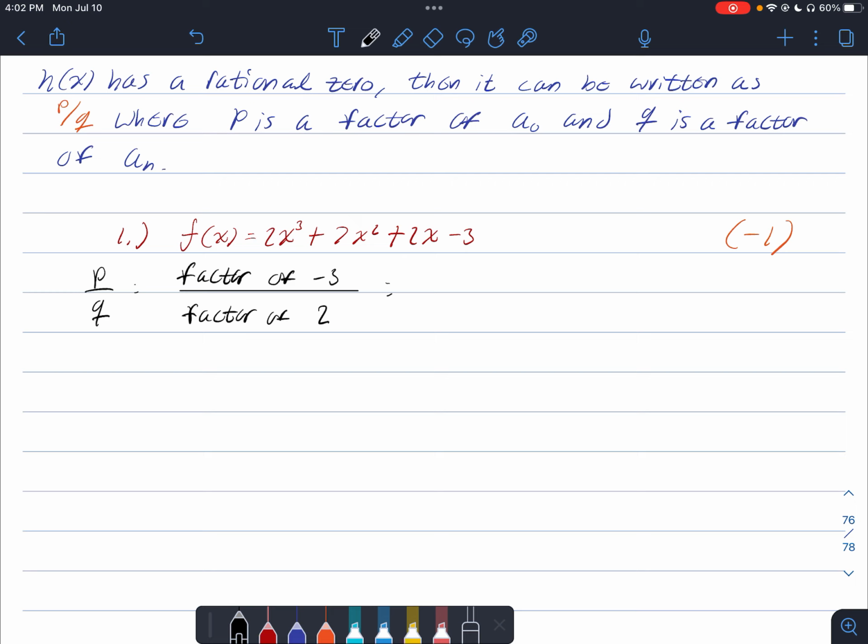Factors of negative 3 are plus or minus 1 and plus or minus 3. Factors of 2 are plus or minus 1 and plus or minus 2.